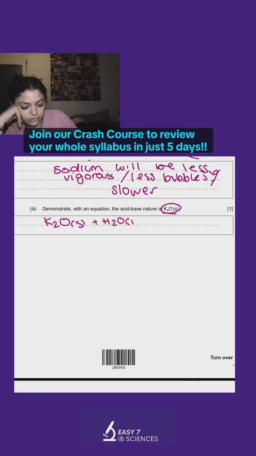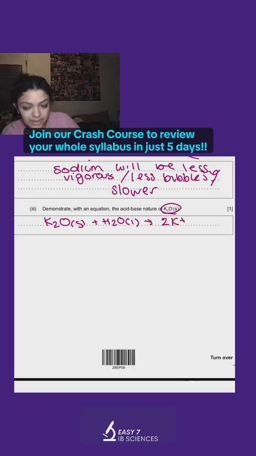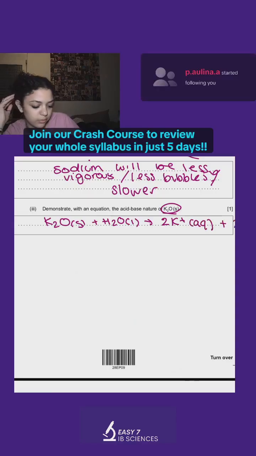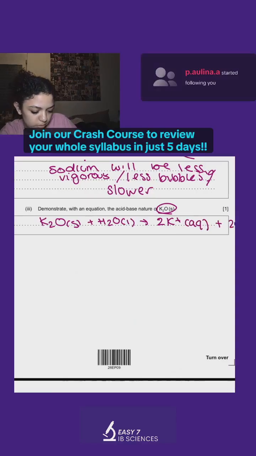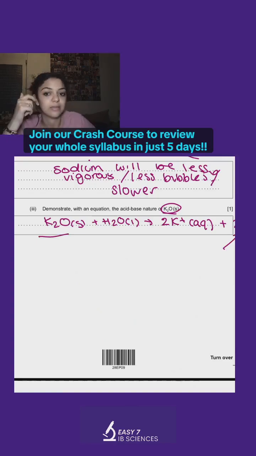Make sure you mention the state symbols. Then you have the formation of your potassium ions, because remember, when a salt is mixed with water, it forms aqueous solutions. And then you form a bunch of hydroxide ions. We know it forms OH, and that's how we see that it's a base.